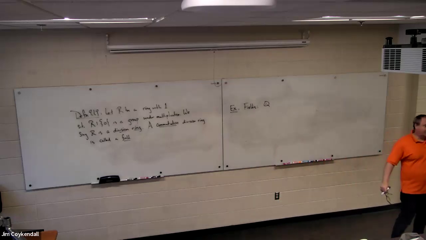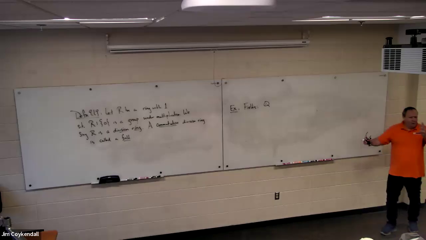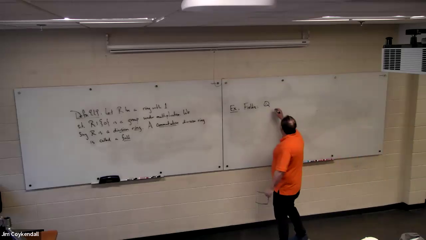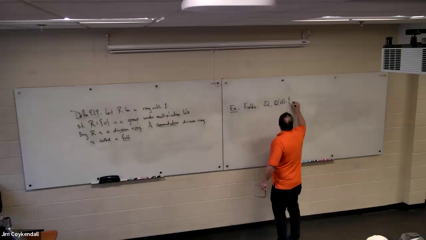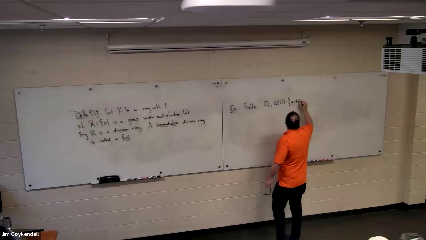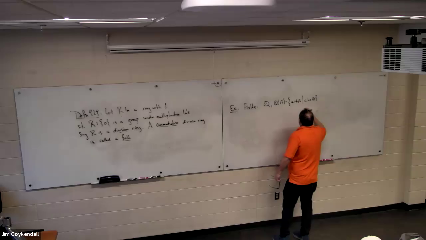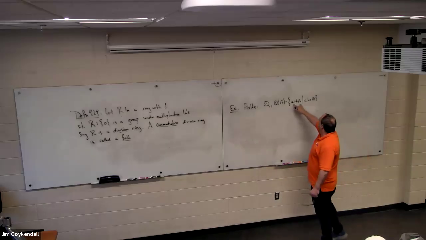Because as long as your numerator is not zero, you can just flip it upside down. There are bigger fields. Yes. This is the set of A plus B square root of 2, where A and B are rationals.